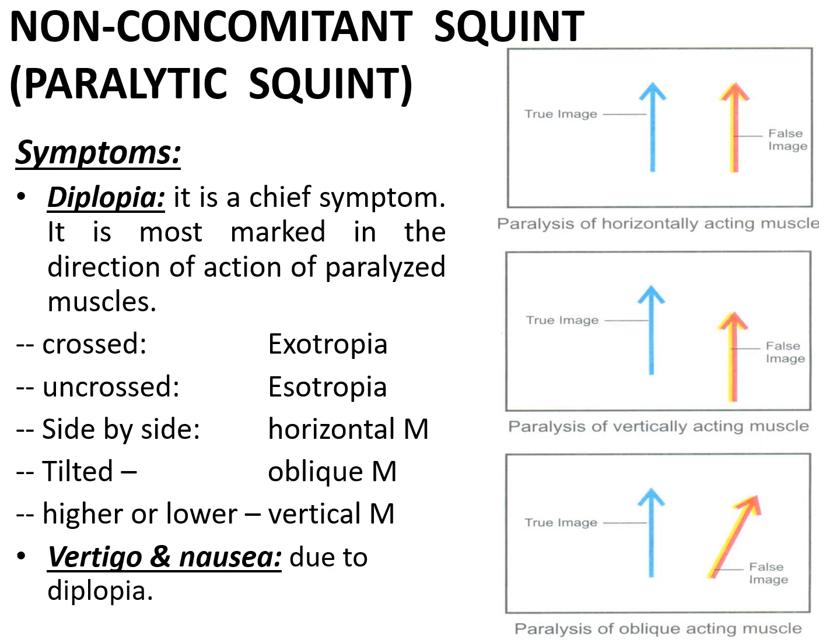In side-by-side diplopia, the horizontal muscle is involved, and in case of paralysis of vertically acting muscles, the image is higher or lower, and in oblique acting muscles the false image is tilted to one side.